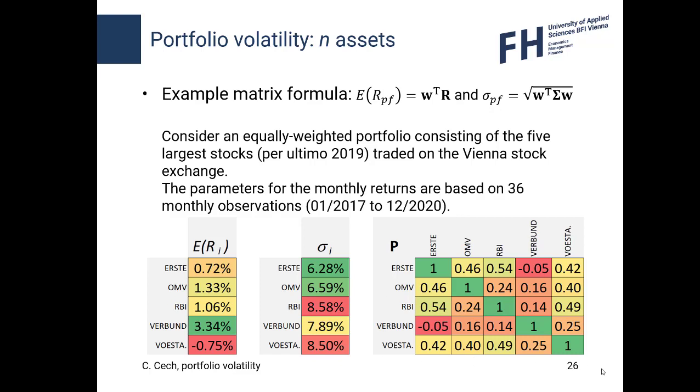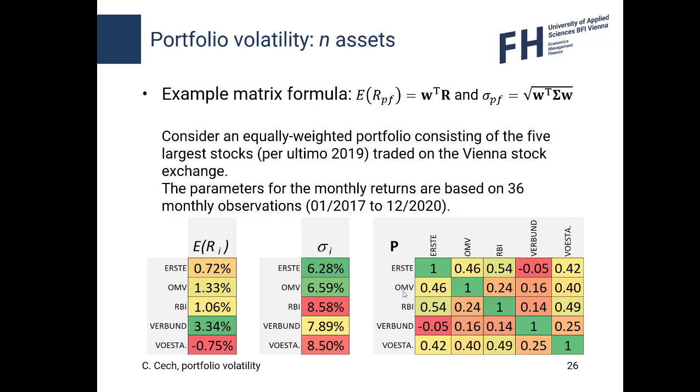And here you see the correlation matrix. Interestingly, you find a negative correlation. This is something that you do not observe too often between Erste Group and Verbund. Also the other correlation values in some cases are comparably low.